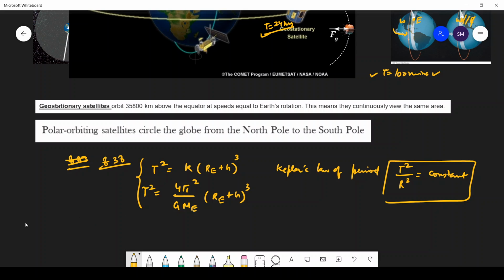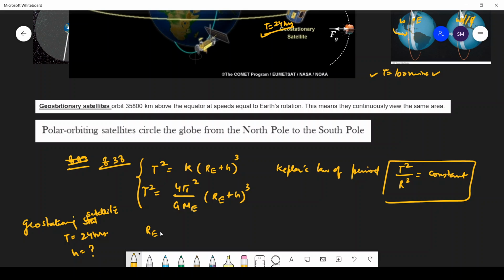Now what is the condition for a geostationary satellite? I want its time period for one revolution the same as the Earth rotates on its axis, the same time period. So that is 24 hours, we know, okay? So we need to find the value of h. So what will be h?